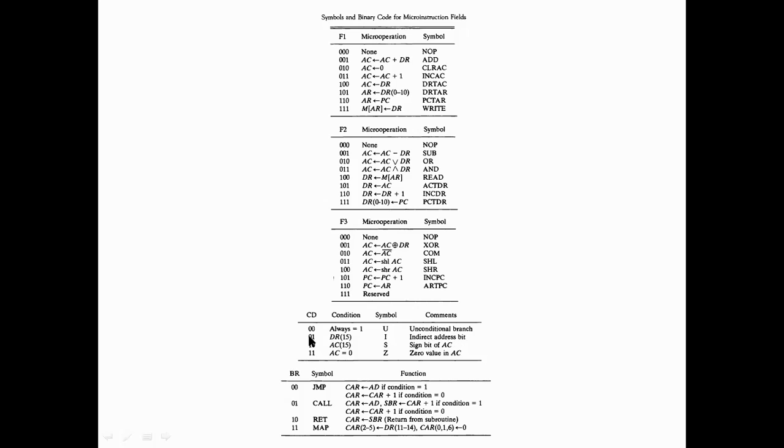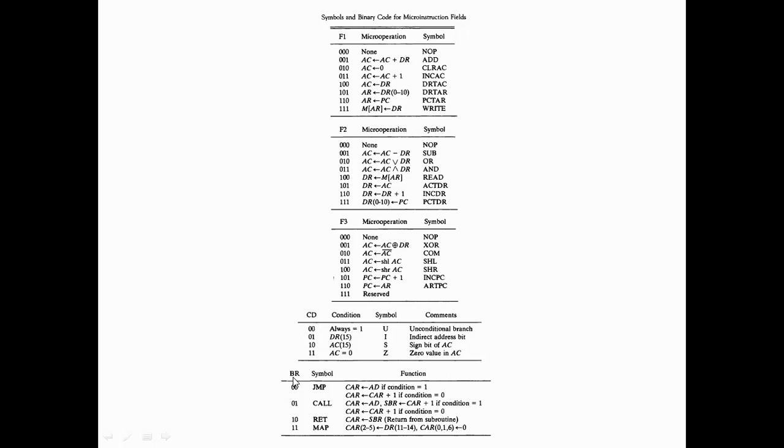So it means check the I bit before branching. Then if it is 10, it implies check the sign bit of AC before branching. If it is 11, it says check whether AC is 0 or not before branching. So CD puts the condition to the branch.